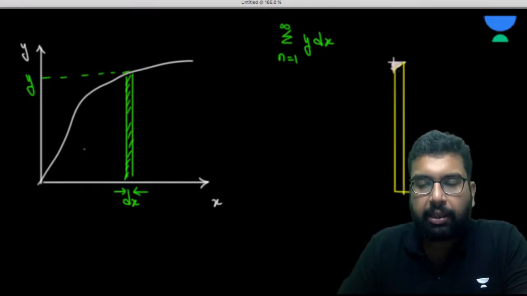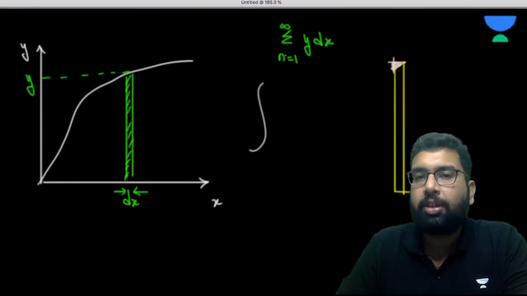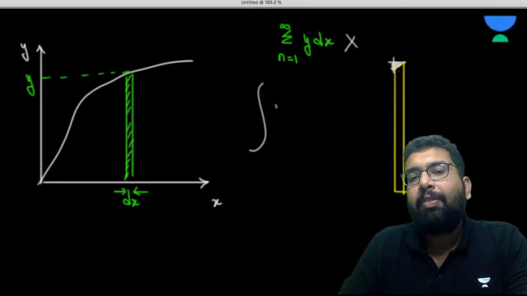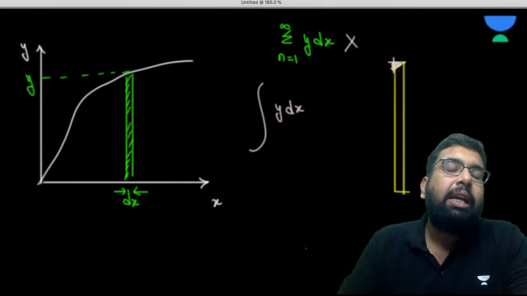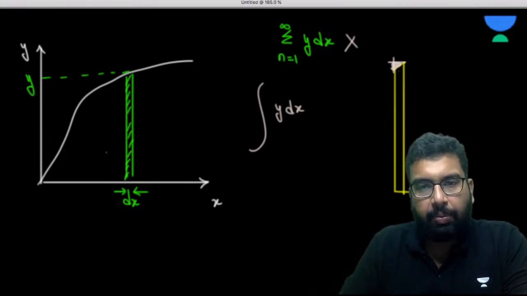Do you feel that this area will be left out from the counting? Do you agree? That is why we use this mathematical tool, integration, instead of summation. Summation is not going to work here, but integration is, and we write integral of y dx, and we can define the lower to upper limit of this integration. Understood, my dear?